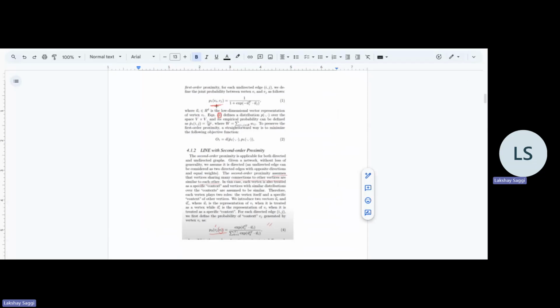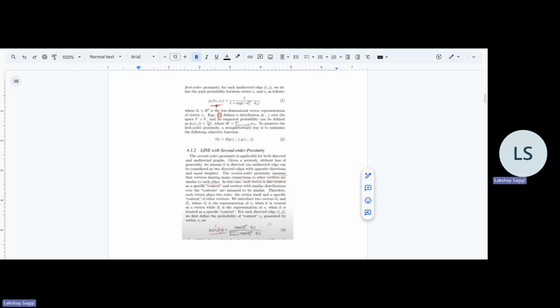In the actual graph, we are saying that vertices with similar neighborhoods are similar to each other. But in more formal terms, vertices which have similar distributions over the context are assumed to be similar, and context is just similar to the neighborhood which we define.